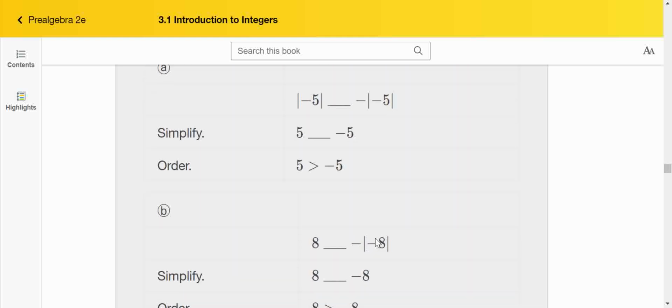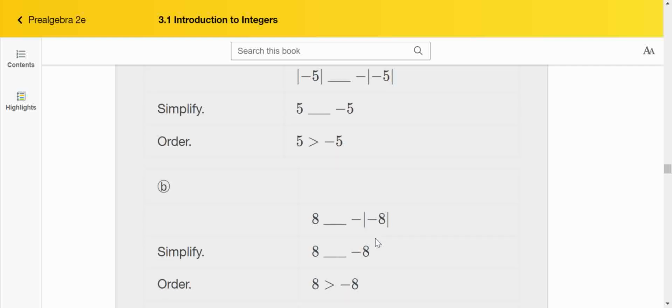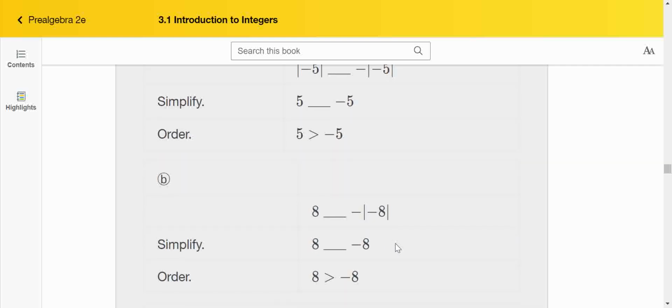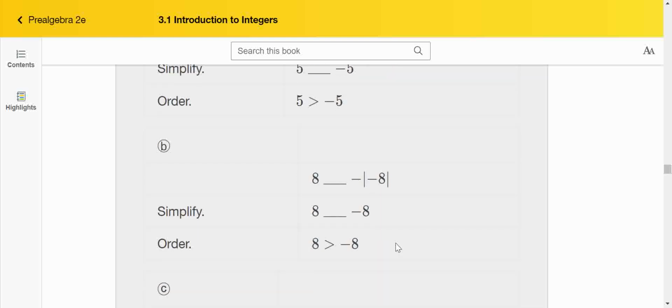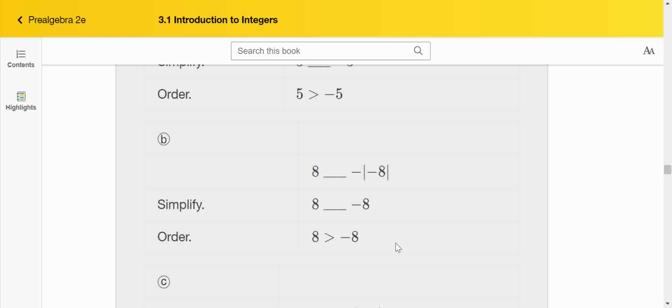For B, similar process. We simplify both sides. The left is already simplified. The right absolute value can be taken, produces -8, and you get 8 is greater than -8. Something to note about the math is notice that you can read it backwards.